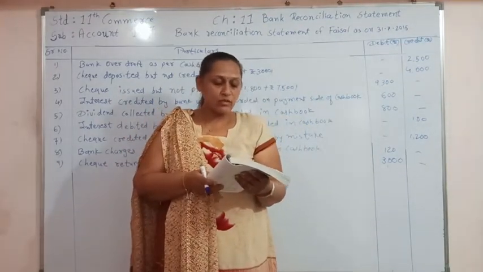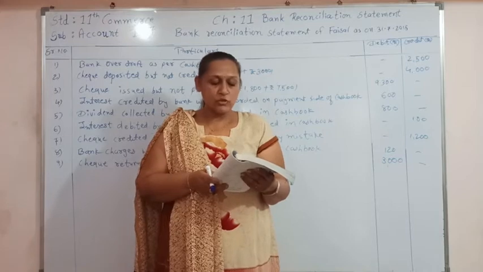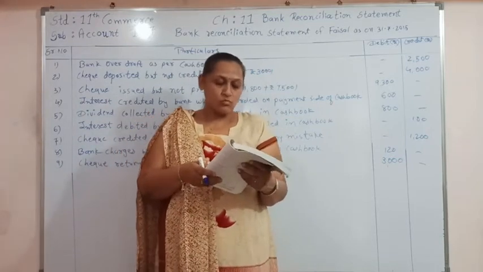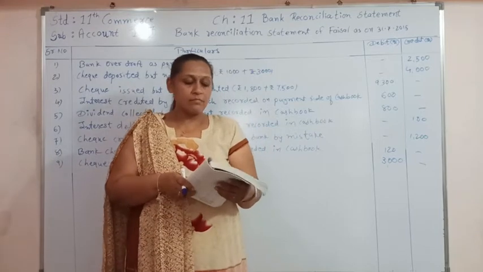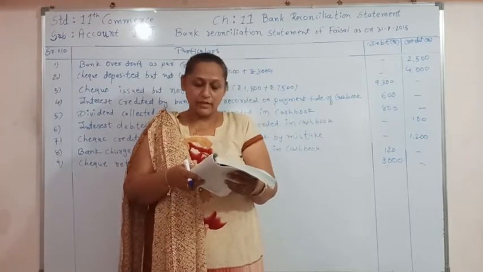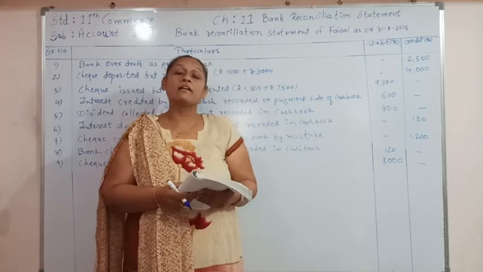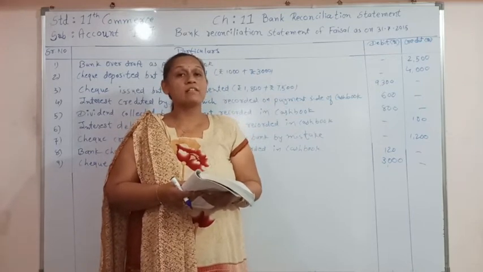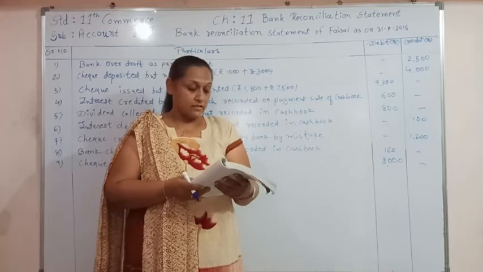Now let's see transaction number 10. Bank has collected 4000 for a bill sent to a bank for collection which is yet to be recorded in the cash book. So bank has collected money and bank has already credited, but in the cash book it is not debited. So here in the BRS we are going to debit it.